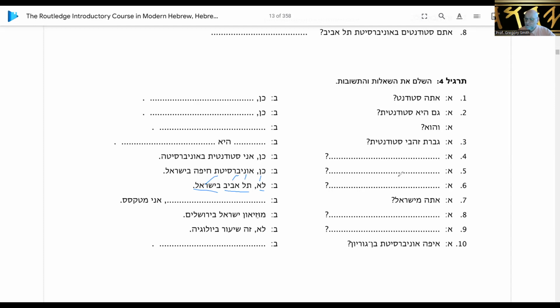I don't know what universities are in there, maybe I'd have to look them up, but some kind of a university in New York. And then the answer would be no, Tel Aviv B'Yisrael. No, in Tel Aviv in Israel. Let's just see what they come up with for the answer, because there's a lot of wiggle room here.